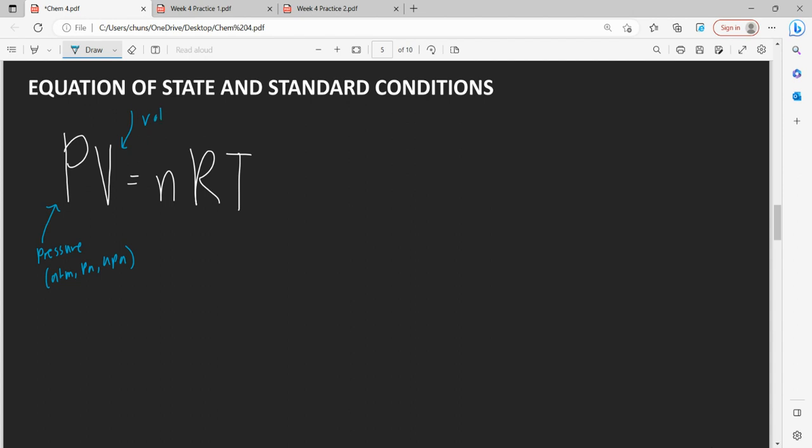This is our volume in meters cubed. This is our moles, and this can be regular moles or kilomoles. And this is our universal gas constant. We're going to talk about that in a second. And this is our temperature in Kelvin.